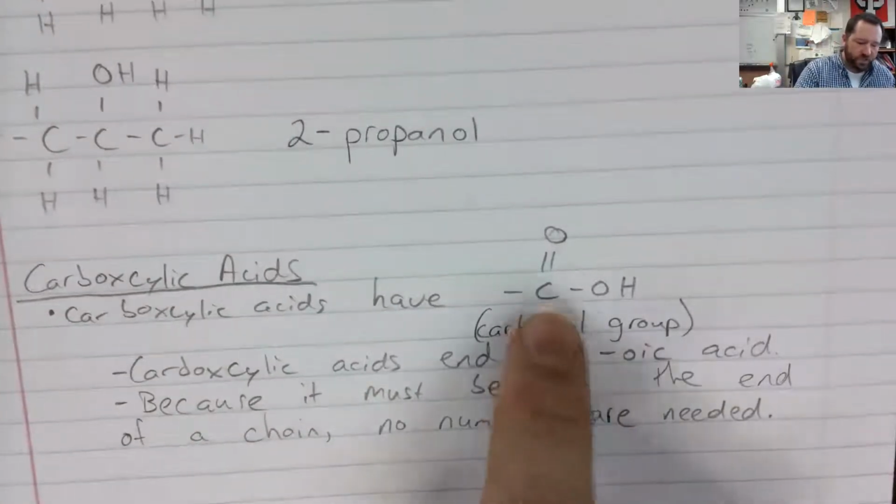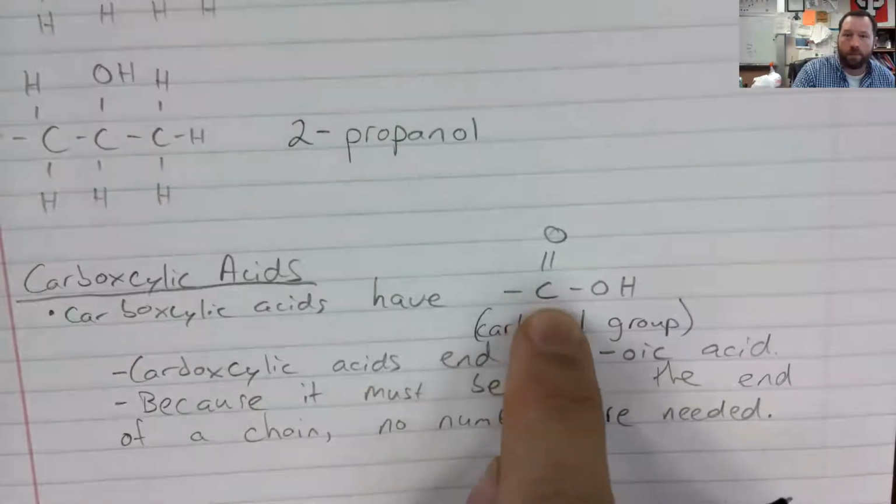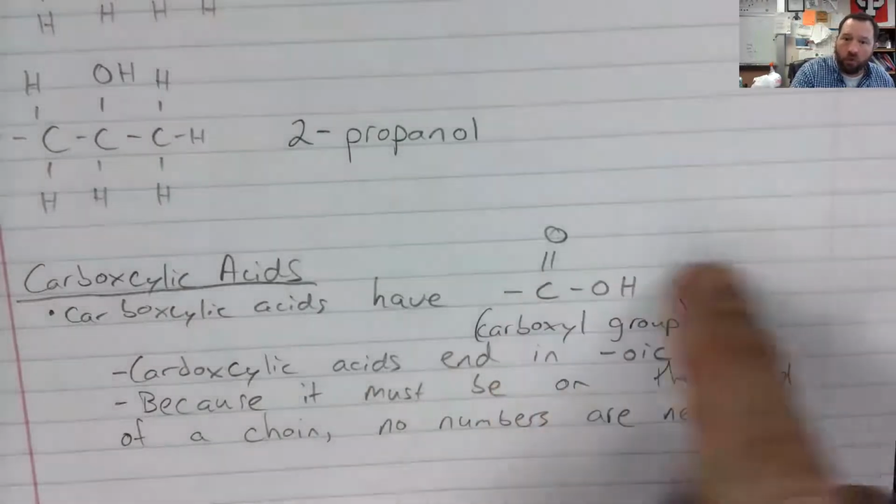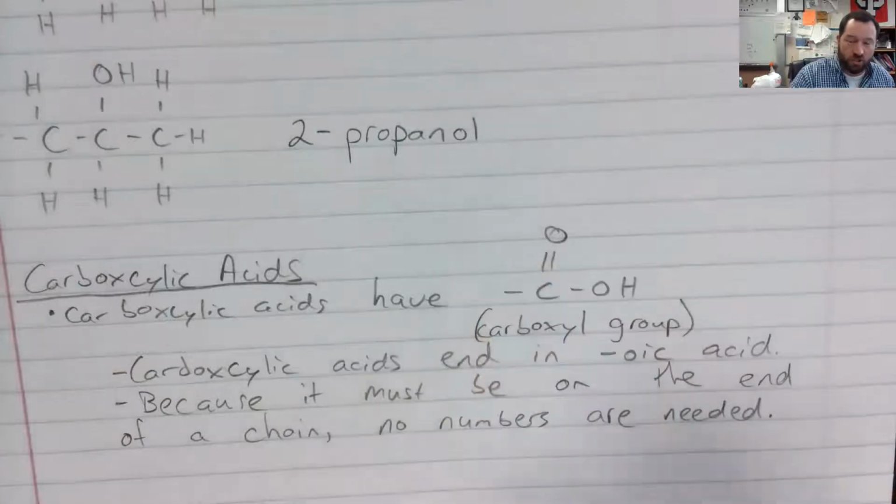Because this must be on the end of a chain, I mean, look, this is the last carbon. We can't go more in this direction. This is going to be the end of a chain.